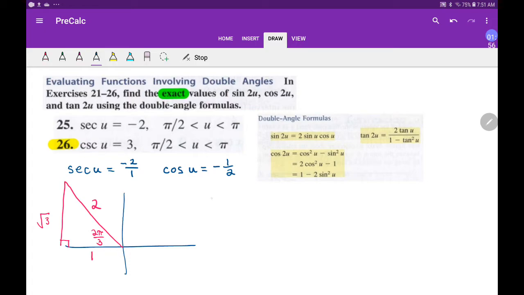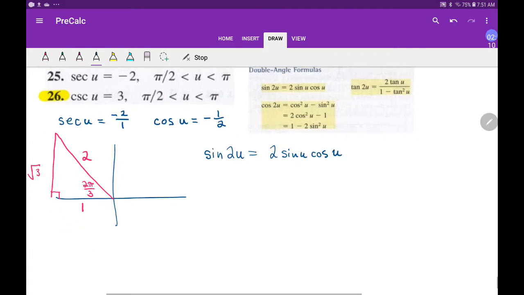So what have we got? We want sine of 2u. Okay? So that's going to be the same thing as 2 sine u cosine u. And let's see, what does that give us? What's the sine of u? Well, the sine of u is 2 times the square root of 3 over 2.